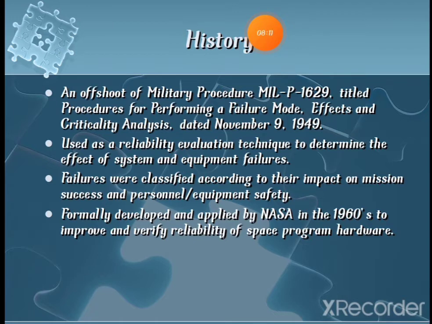Now we will study the history of FMEA. We all know that FMEA was a systematic approach for failure analysis. We can analyze the failure before that failure occurs. What is the history of FMEA? It was developed by the US military.